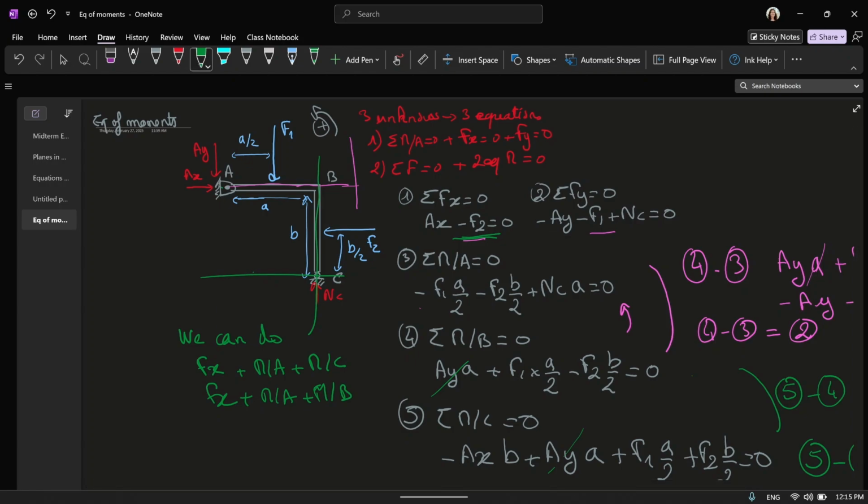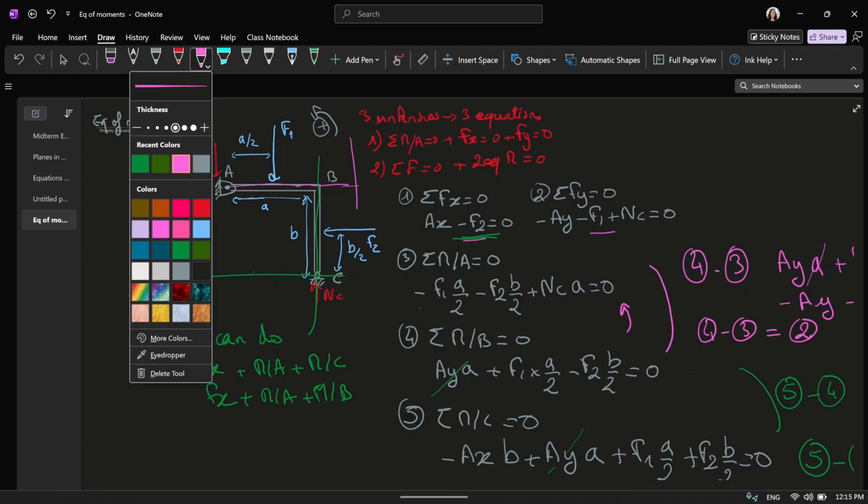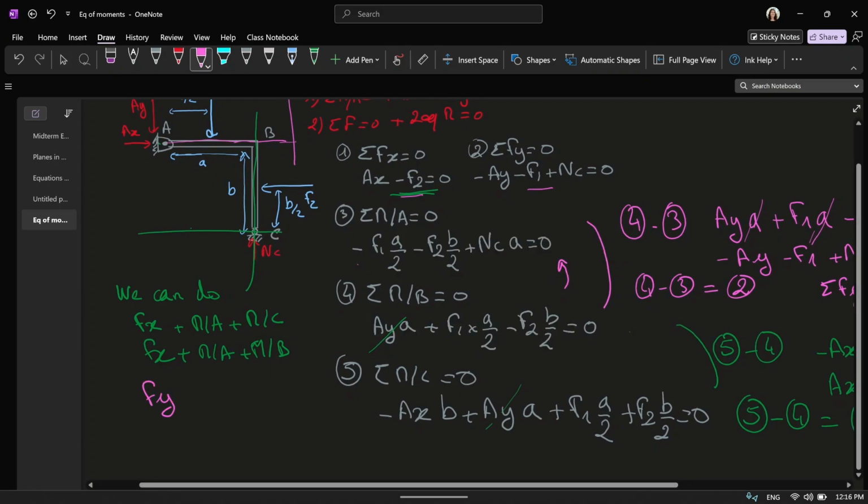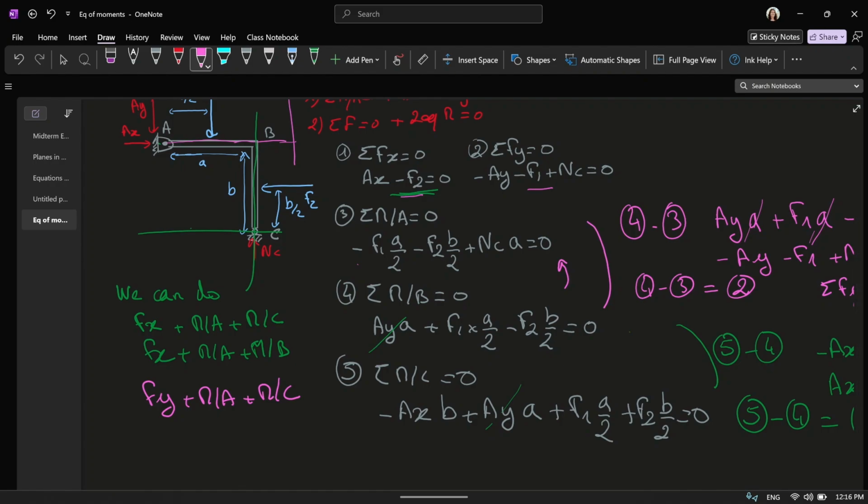And now for the force on y that we showed before, we can do force on y plus moment about A plus moment about C, because the 2 points A and C are not either horizontal or vertical. We proved that we can't do A and B, but we can do B and C, moment about B plus moment about C. So we can use 2 points that are parallel to the force, but not perpendicular to the force.